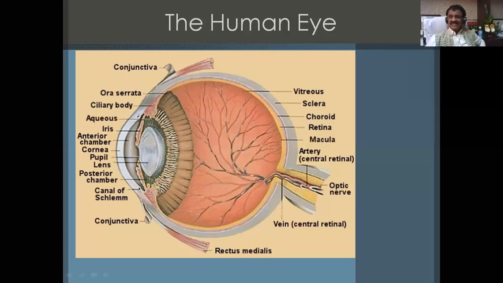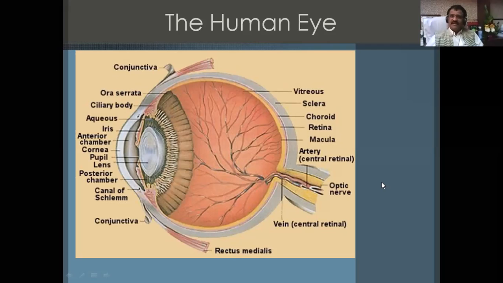Okay, and this optic disc will give rise to the optic nerve, which is also accompanied by the central retinal artery and central retinal vein. So you can see the neurovascular bundle, and you can see the muscles holding this eyeball. So this is the main diagram of the internal eyeball.